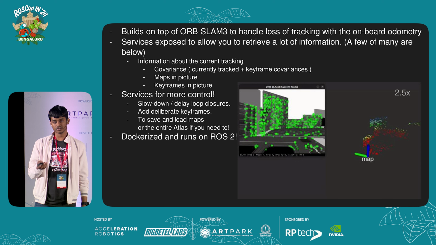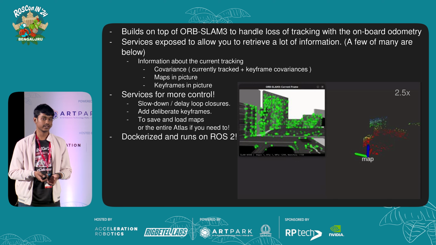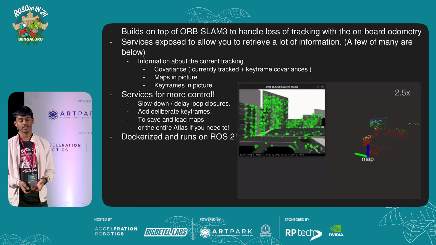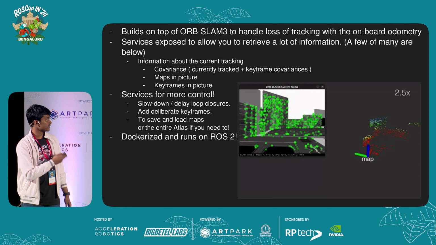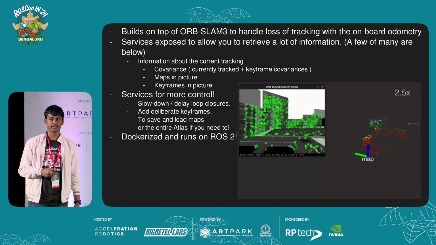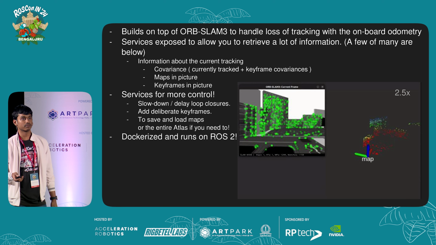But when you use it in a commercial sense, obviously this doesn't work because all of a sudden, if your pose is reset to 0, you don't know where you are in the original environment, and this is a big issue. At these stages, you need to shift to your onboard odometry and then restore the tracking when it's back. And this does that for you. When you use this wrapper, it seamlessly switches between the onboard odometry and the OpsLam 3's tracking pose whenever it's needed, and you don't have to worry about it.